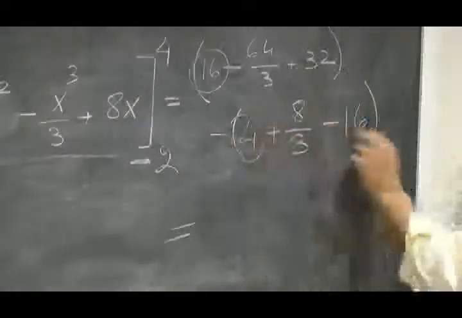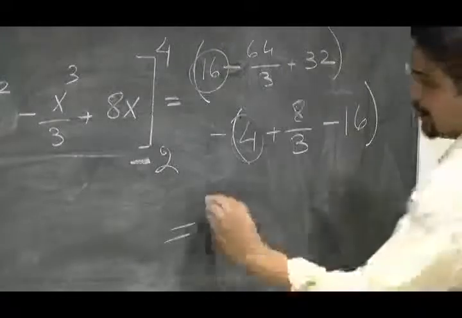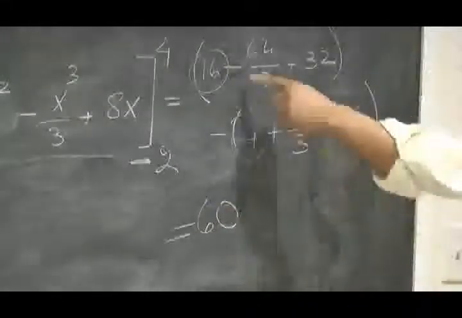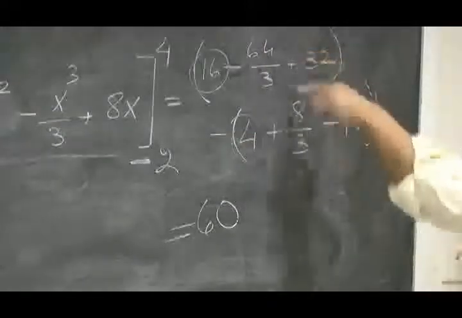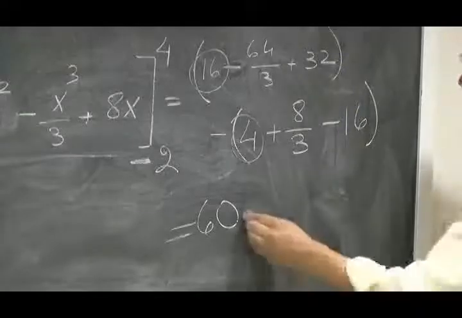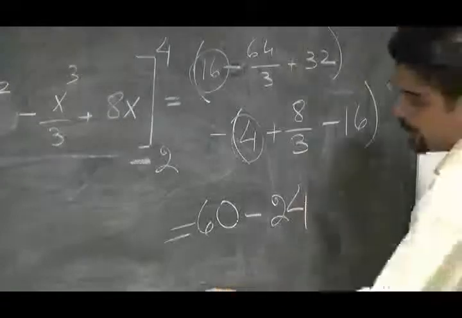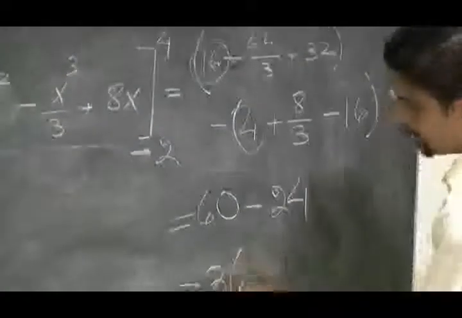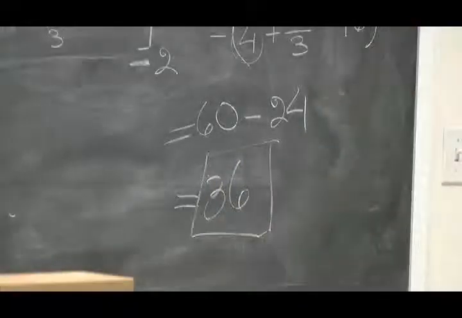The 32 plus 16 is 48. 12 plus 48 is 60. Negative 64 minus 8 is negative 72, divided by 3 is 24. So we get 60 minus 24. The answer is 36, if I did the math right.